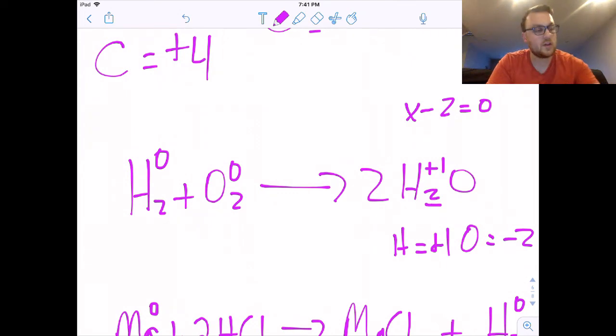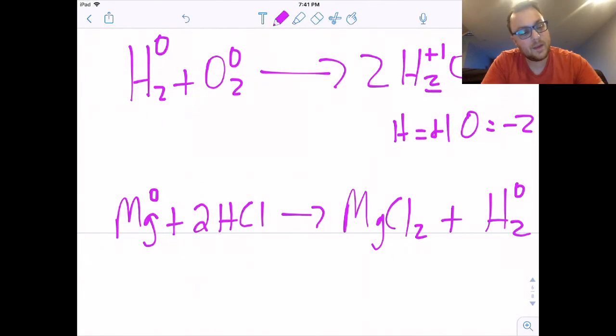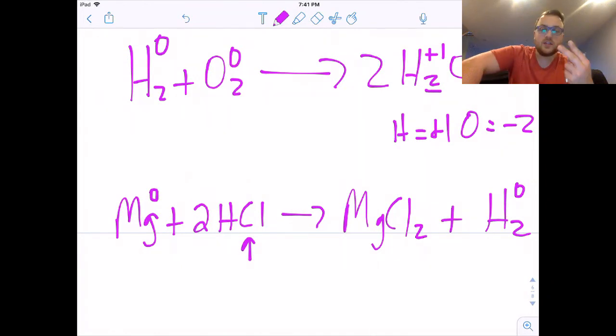Here, chlorine ends up being more electronegative than hydrogen. Generally speaking, if you have a compound, the second one is always the negative one. So I know chlorine's -1 and hydrogen's +1. Here, chlorine is still -1 for a total charge of -2. Magnesium is +2.